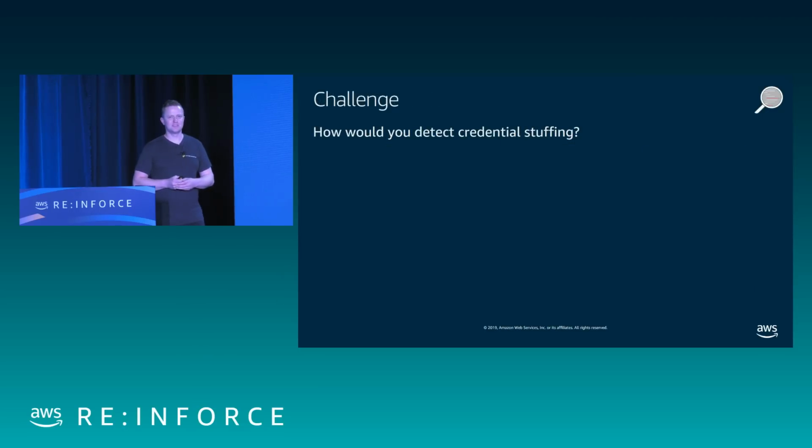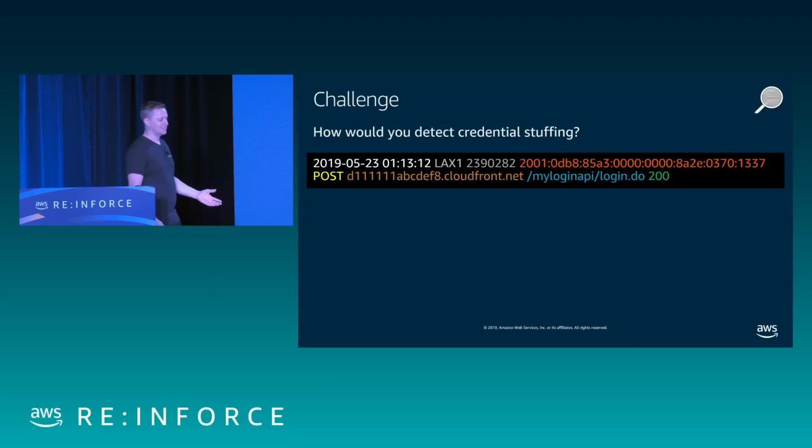So who thinks they're ready to detect a credential stuffing attack today? I think I saw 1, 2, 3. Yeah, it's really difficult, because this is an example CloudFront log. This could be a credential stuffing attack. You don't know. Firstly, they're using an IPv6 address, so it can be hard to pin down.